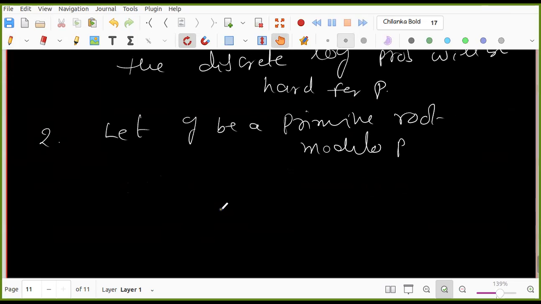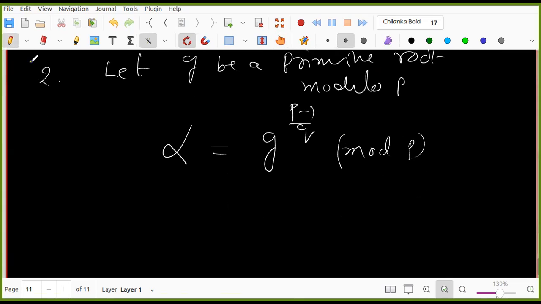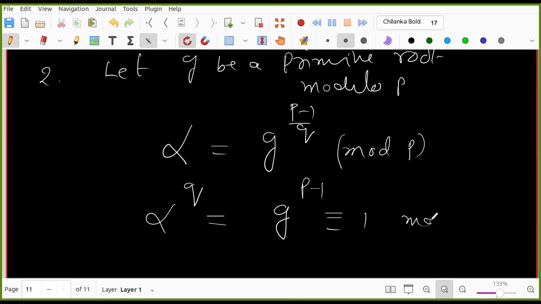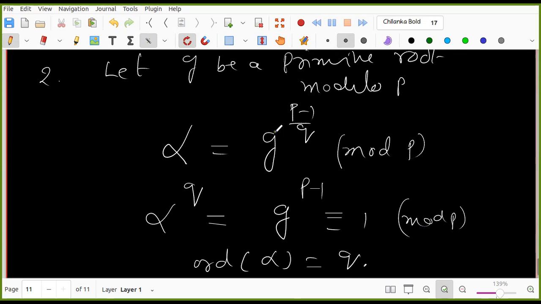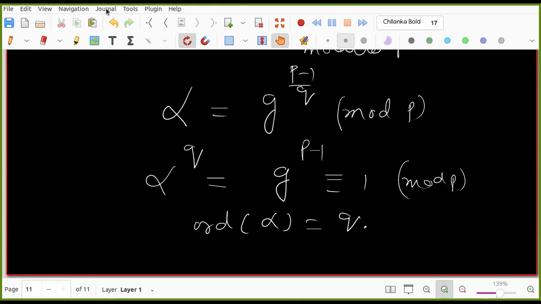Alpha equals G power (P minus 1) by Q. So now alpha is no longer a primitive root, because alpha power Q is how much? Can you guess? 1, yes. That means the order of alpha equals Q only. It cannot be less, because G is primitive. So this is the second step.